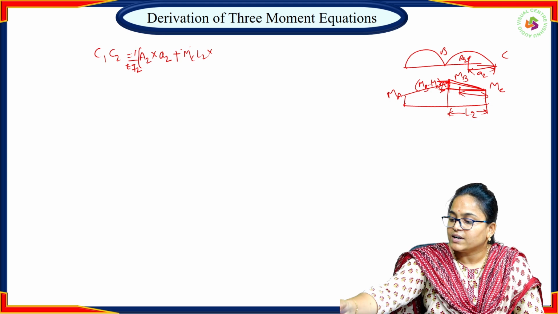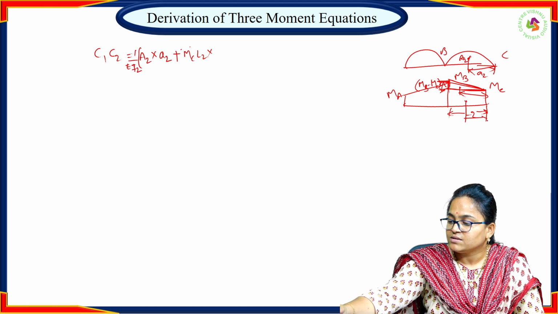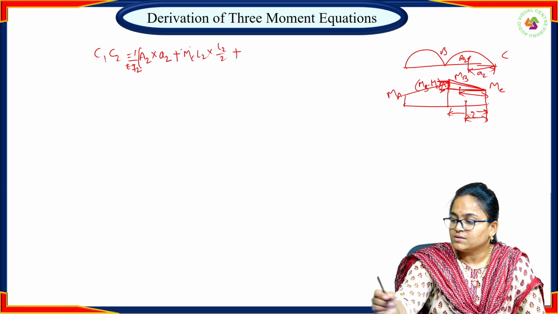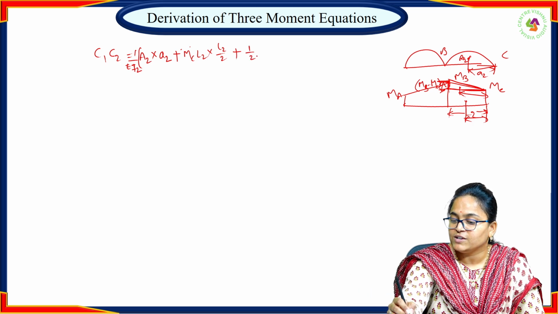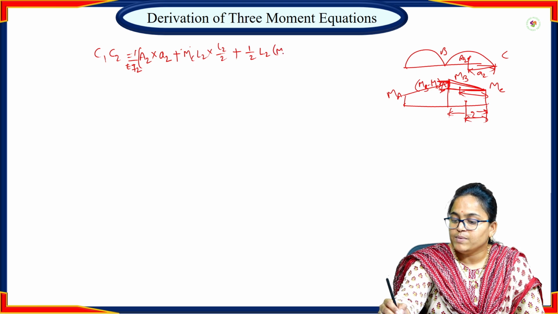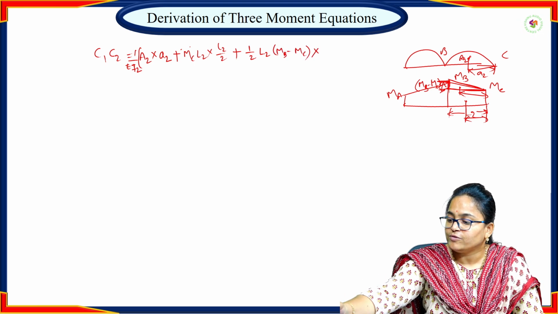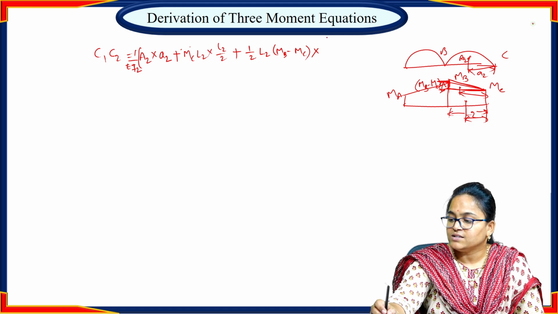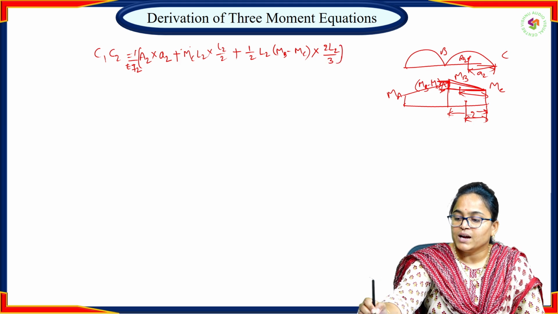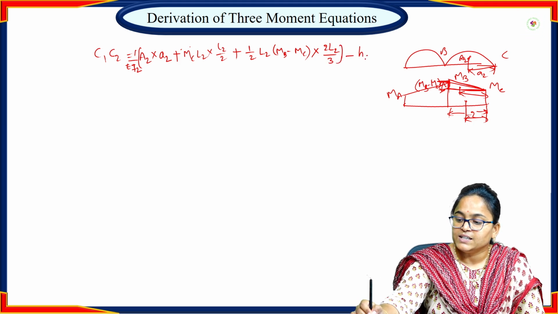Now for rectangle, this is L2 by 2. Now plus for a triangle, it is half into L2 into height, that is MB minus MC into CG of this triangle from C. That is from apex point, it is 2L2 by 3 minus we have HC.